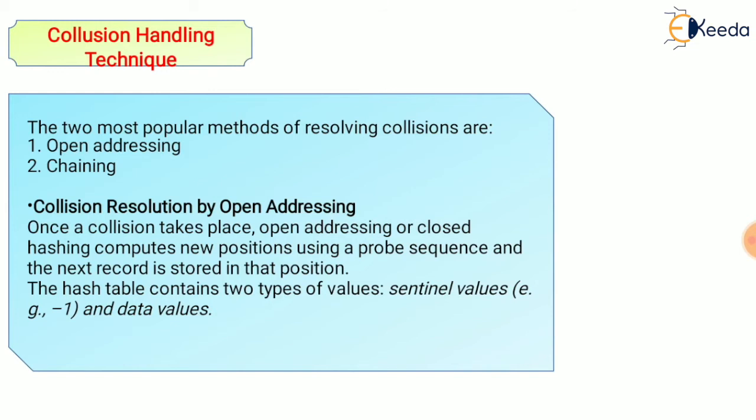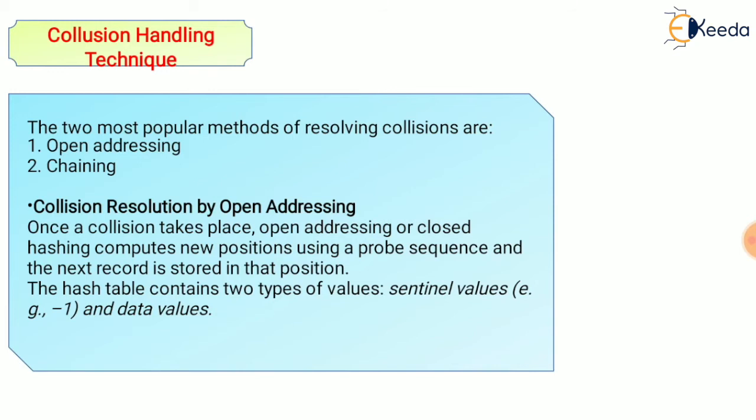So it is not possible that we can store two values at the same position, because it creates a confusion. A key must be uniquely identified. Because of that, one position is reserved for only one key element. So we cannot store more than one element in a single position.